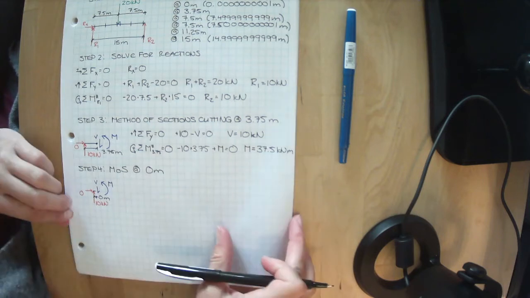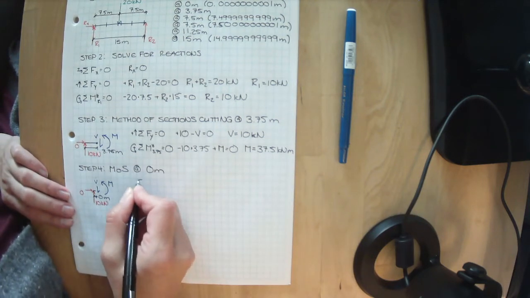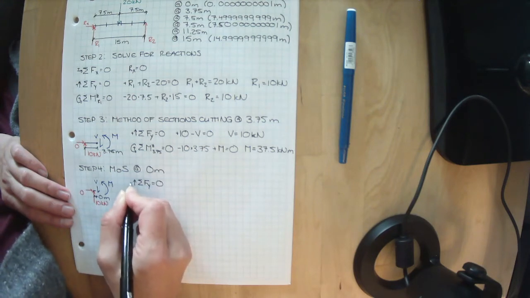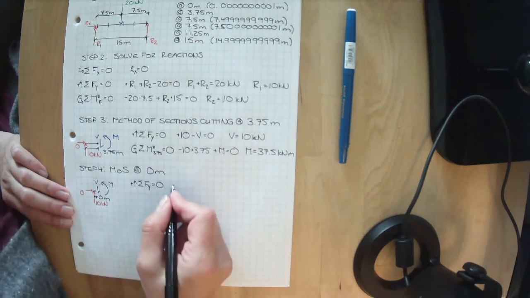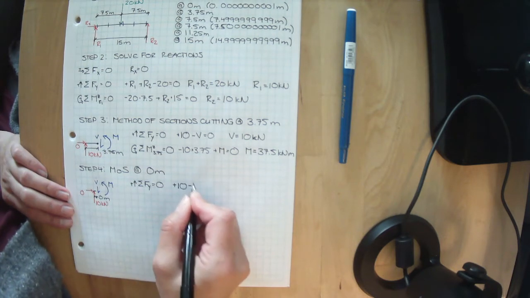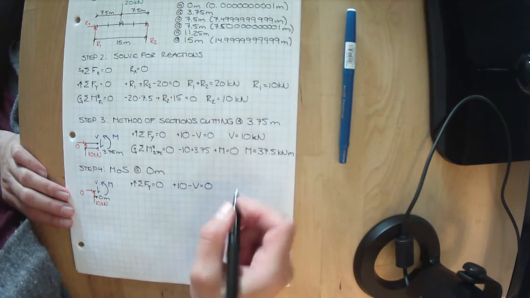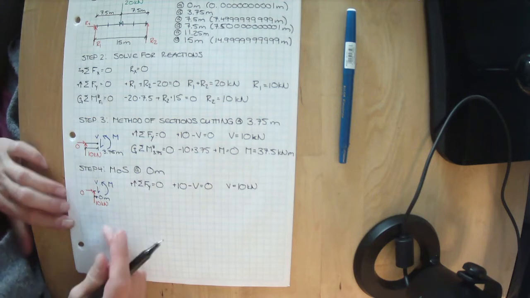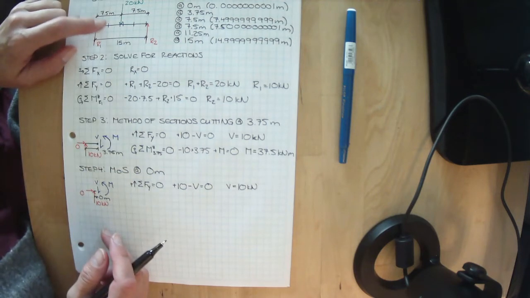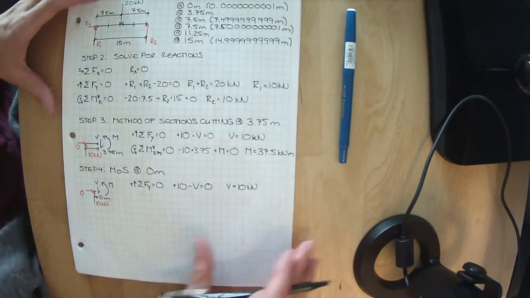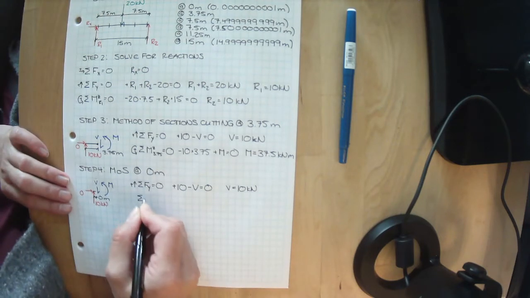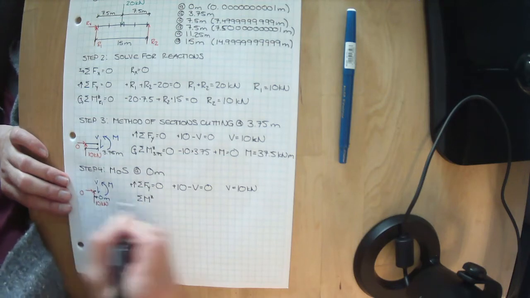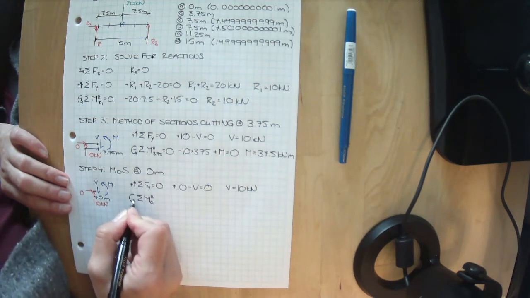We can start to use our equations now. Let's sum the forces in the y direction with everything upwards being positive. We've got 10 kilonewtons upwards, shear downwards. Shear equals 10 kilonewtons. That's exactly what it was at this point right here. Interesting. Okay, let's now sum our moments about the z-axis, and I'm going to pick the point where I've cut, which is 0.